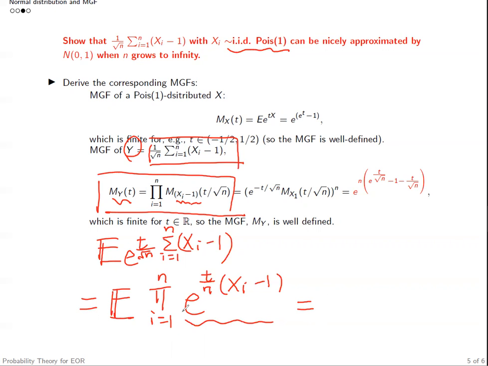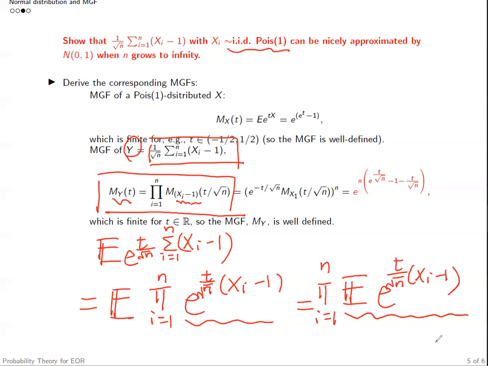For independent random variables, we can interchange the order of expectation and the product, which is equal to the product from i equals 1 to n of the expected value of e to the power t over square root n times xi minus 1.